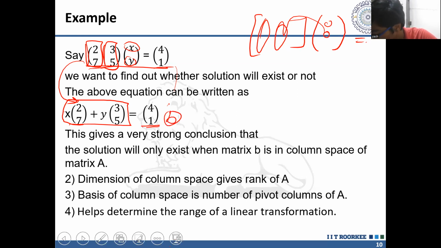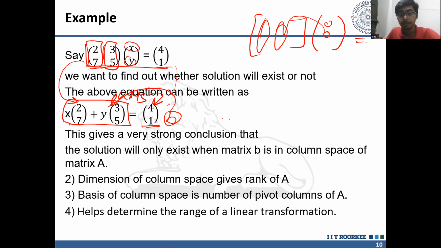So the solution will only exist if this left hand side part spans this B. That is, B is in the space which we span on the left hand side. So this is a very strong conclusion, because we can check the consistency. The solution will only exist when matrix B is in the column space of matrix A.